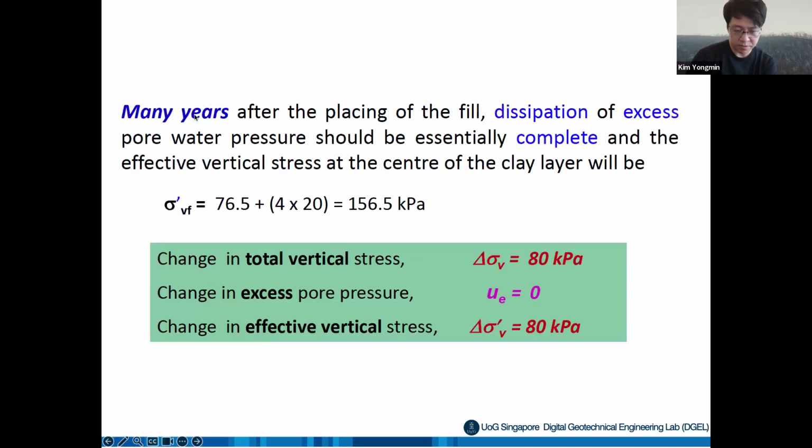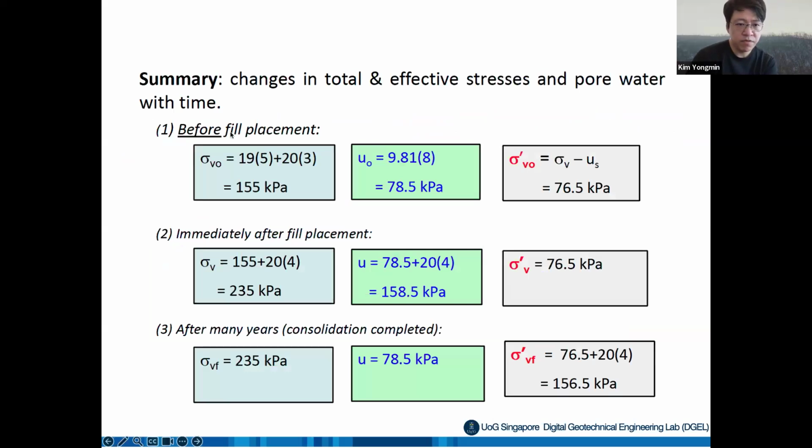So many years after, the initial additional stress is 80, and finally this becomes effective stress because the excess water pressure has already gone. So immediately after, it is almost the same, and then after some years, your effective stress increases.